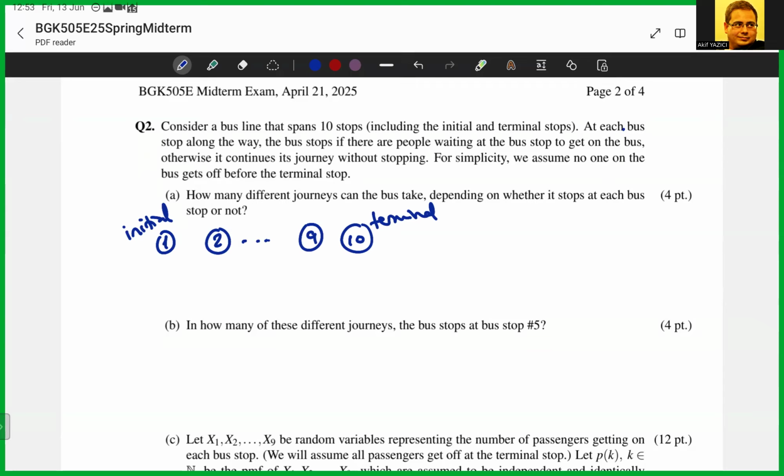It's at the initial stop because it will start its journey there, and the terminal stop because it will finish the journey and come to a stop there. So for the stops in between, 2 through 9, the bus will stop if there are people waiting at the stop to get on, or if there are no people waiting, it will not stop at that bus stop.